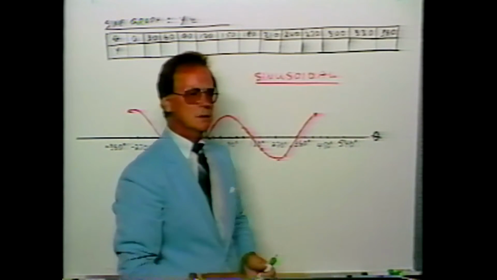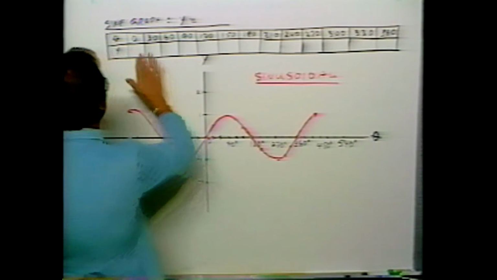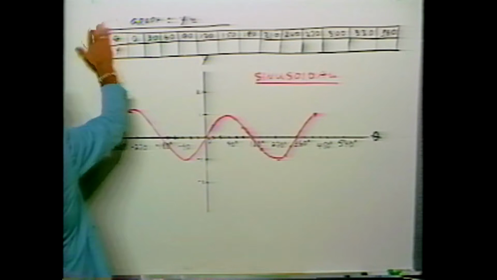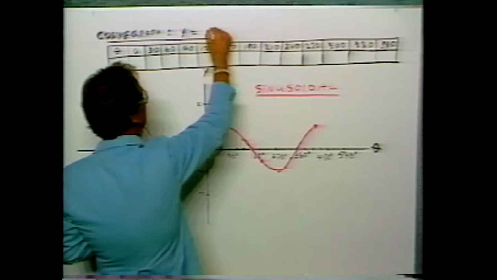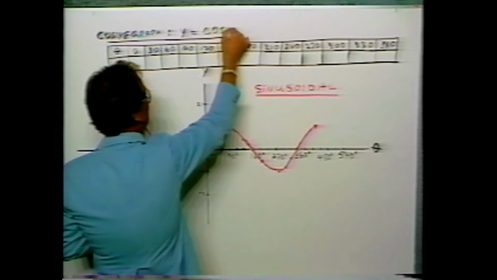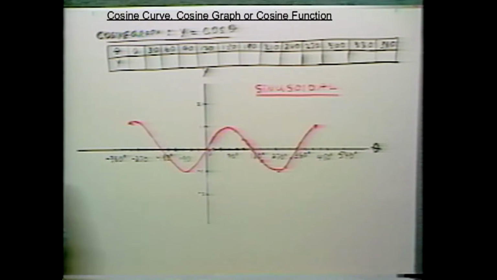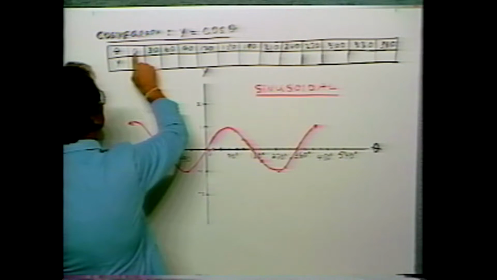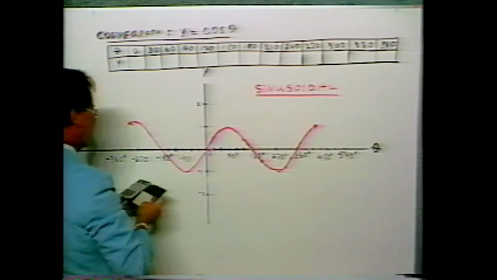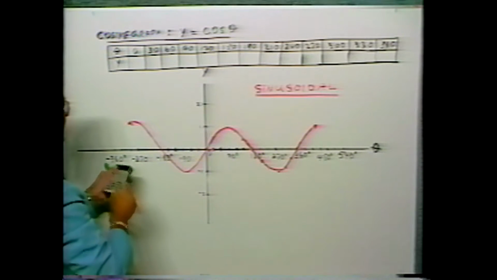I'm going to use the same graph, but this time I will work on the cosine graph. Its equation is y equals cos theta. Use the calculator to determine the values of cos 0, then cos 30, then cos 60, and so on.